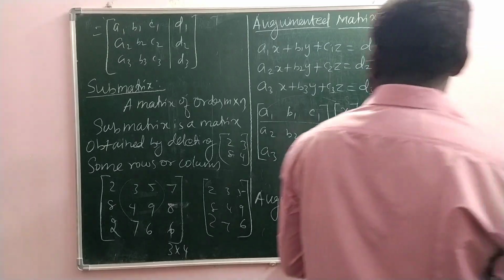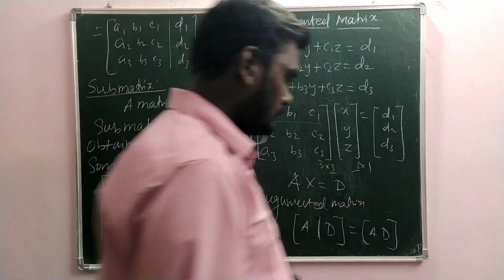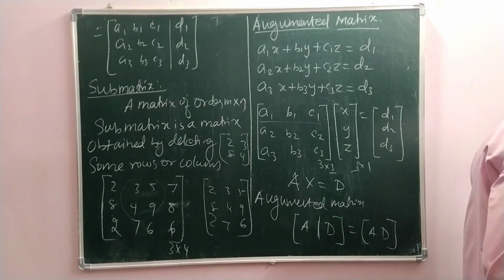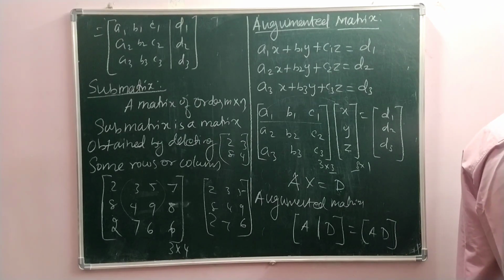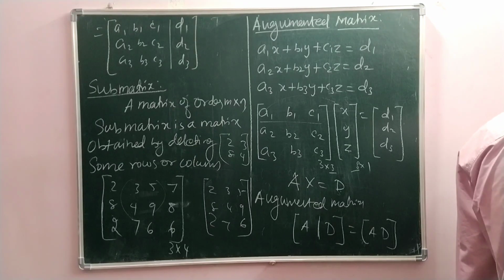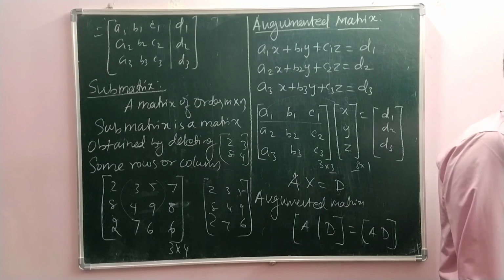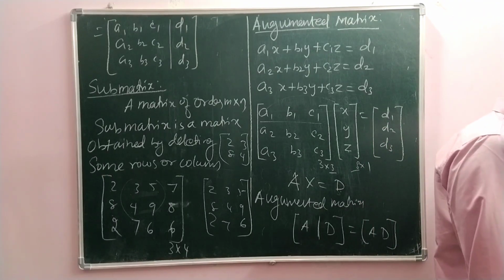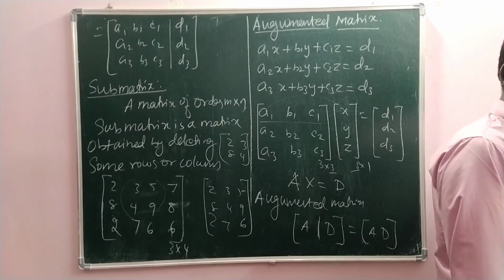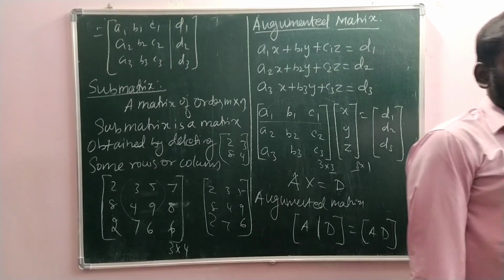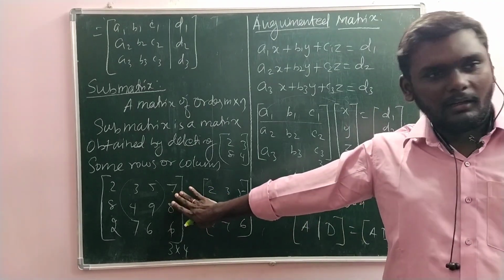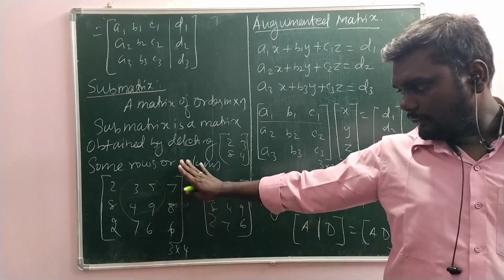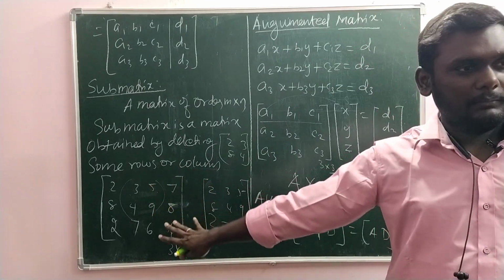Every element of a matrix is a submatrix of order 1. Every matrix is a submatrix of itself. The same matrix can be the submatrix, or if you delete one row or one column, it is still a submatrix.